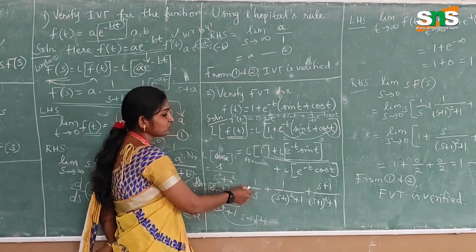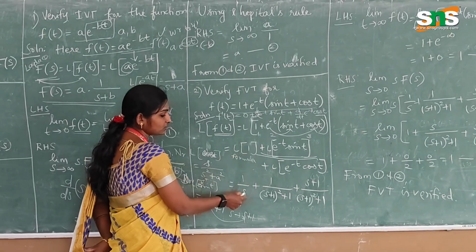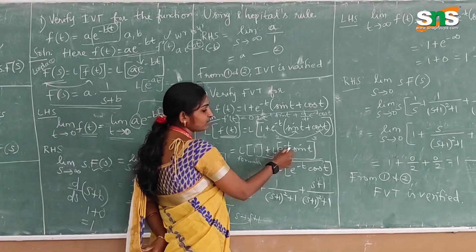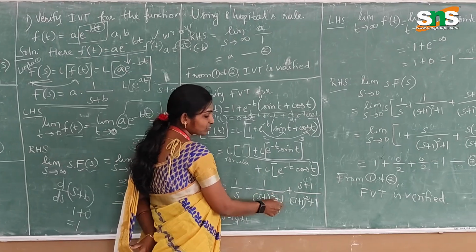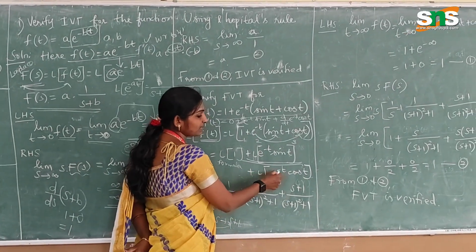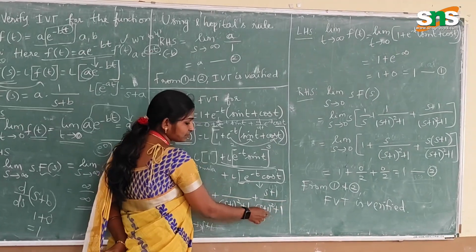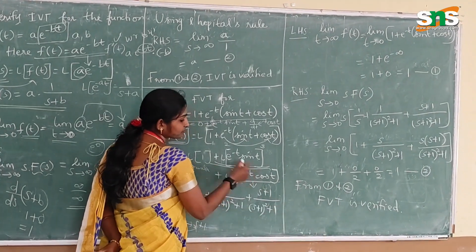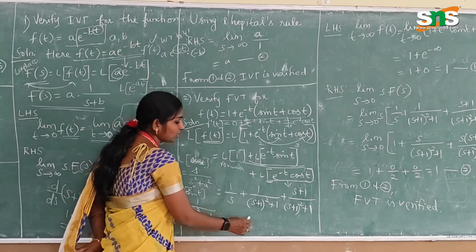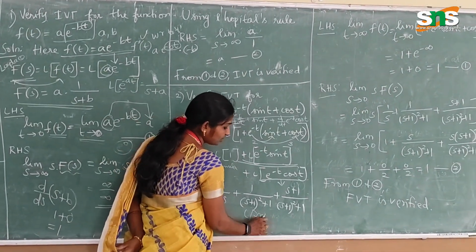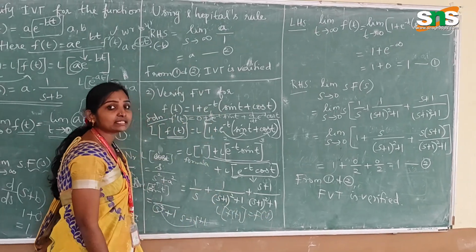Since we have the values for all of the terms in the f of t here, L of 1 is 1 by s, L of e power minus t into sin t is 1 by s plus 1 the whole square plus 1, plus L of e power minus t into cos t is s plus 1 divided by s plus 1 the whole square plus 1. These are all the formulas of Laplace transformation. So that what we can say, L of f of t is equal to f of s is also existing.